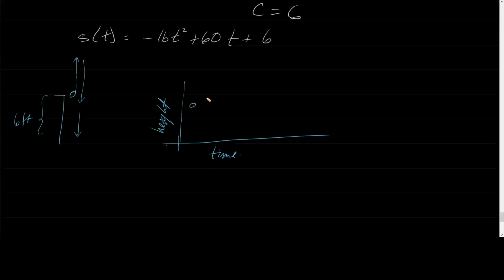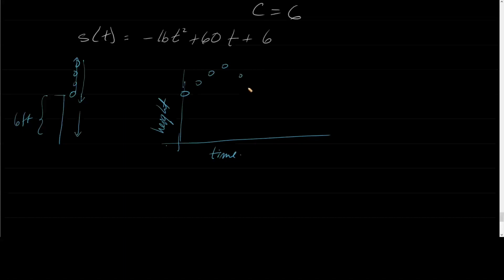Actually, let's do it this way. Let's say that when time is equal to 0, when it's first thrown, it is here. A moment later, it will be up here, because it's going upwards in height.